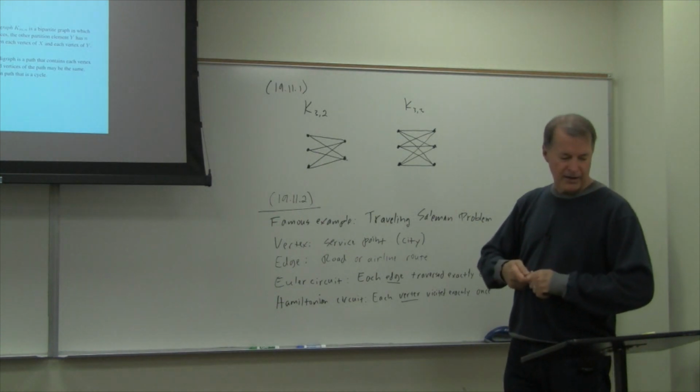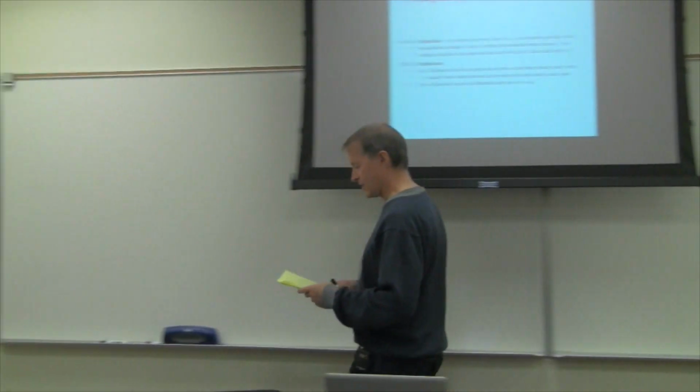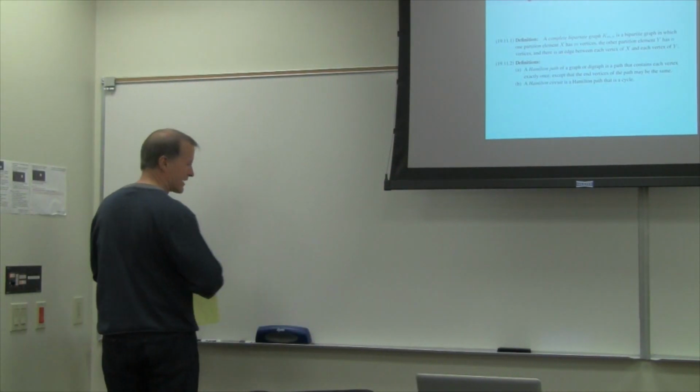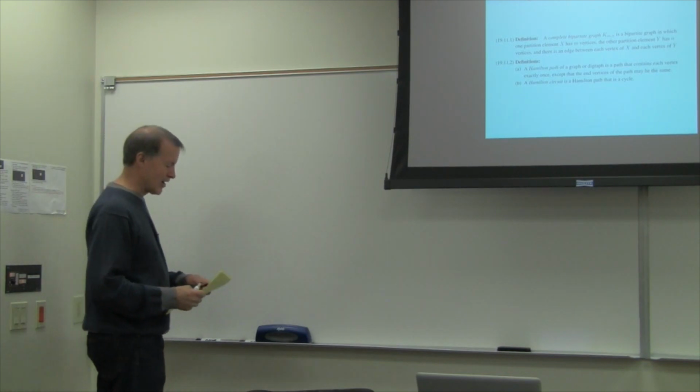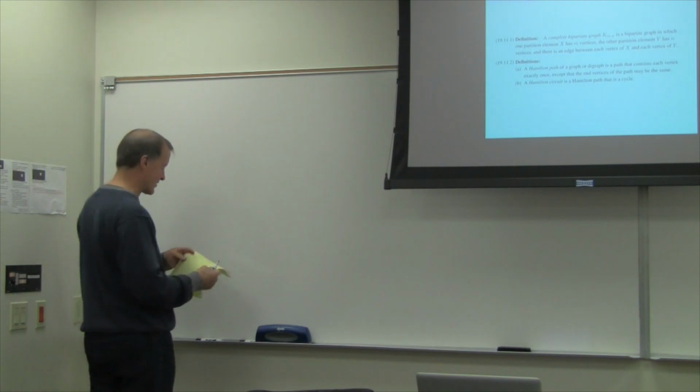All right. Now let me give you an example of a Hamiltonian circuit. I'm going to draw a kind of complicated example, but it's a common one that's used in all the books, and it's a nice one. I can see why it's common.